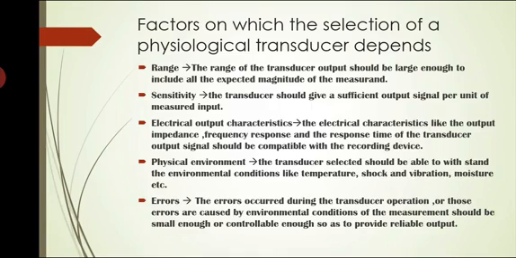The transducer should give a sufficient output signal per unit of measured input. Third, electrical output characteristics. The electrical characteristics like output impedance, frequency response, and response time of the transducer output signal should be compatible with the recording device.